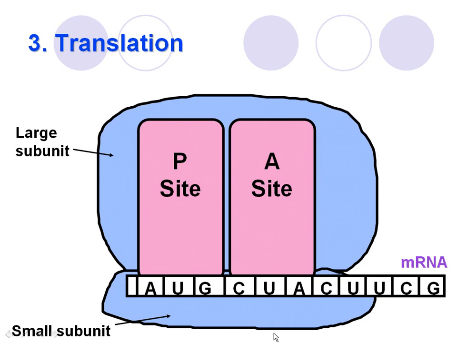So here, down at the bottom, you'll see, and I'm going to try to grab a pen, but you'll see that the AUG of the messenger RNA codon is lined up at the P site on the ribosome. Okay, and this is where that first initial transfer RNA will bring in our first amino acid.